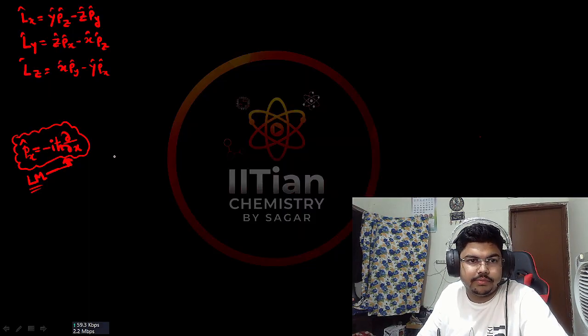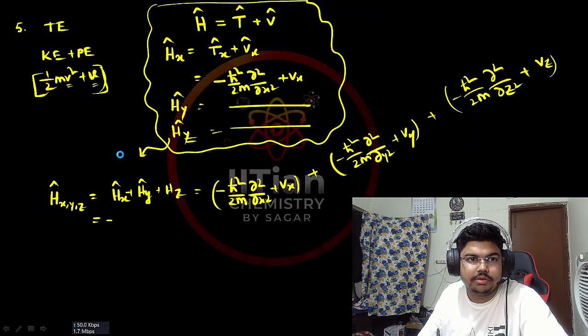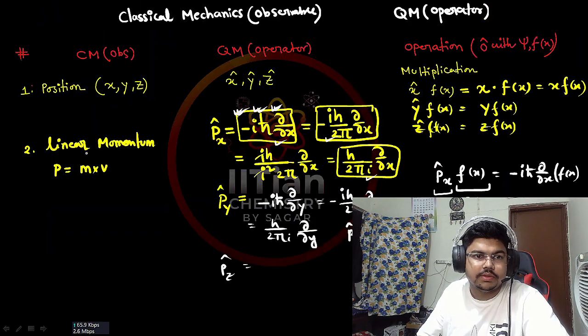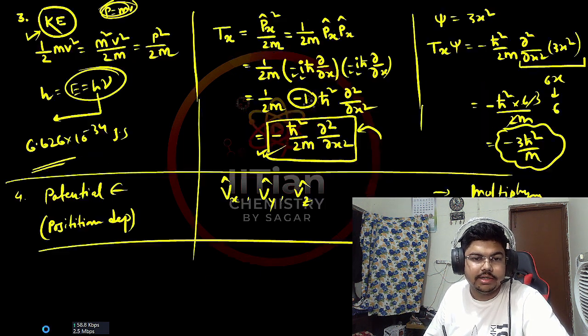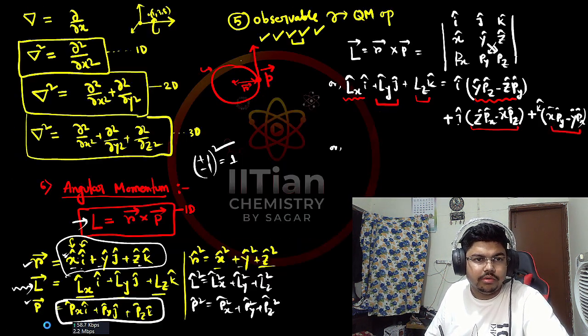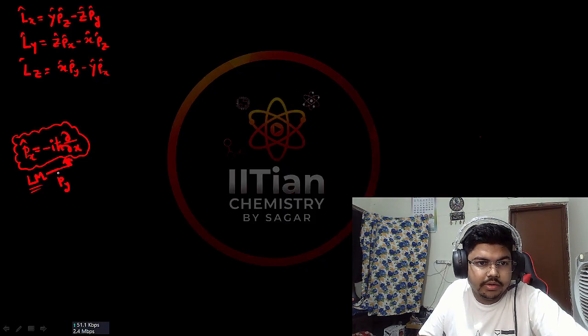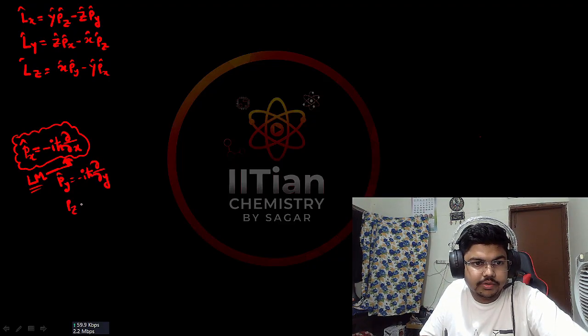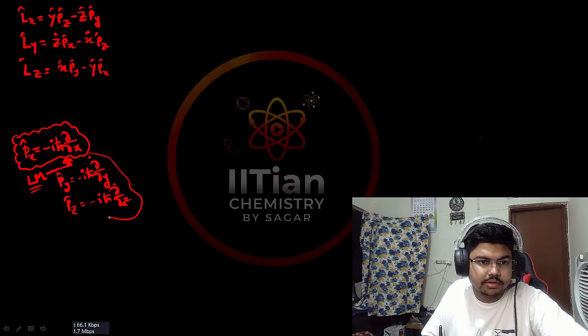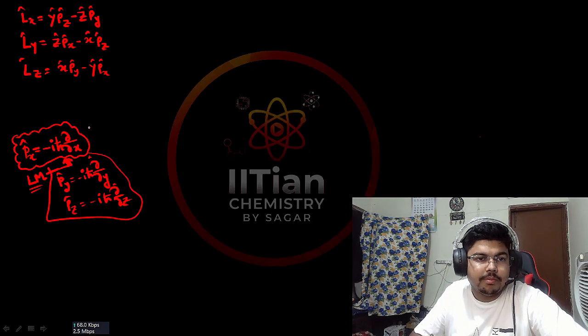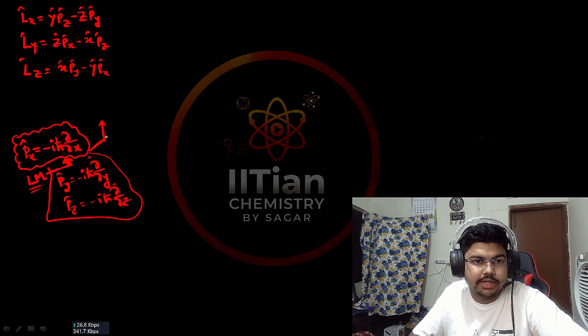If you want to see, I may show you. See, linear momentum, my py equal to minus I h cross del del y. We have already done this. So we know Px equal to minus I h cross del del x. Similarly, Py will be minus I h cross del del y, and Pz will be minus I h cross del del z, right? Everywhere you have to put just these operators. Okay, now put this value into your mother equation.